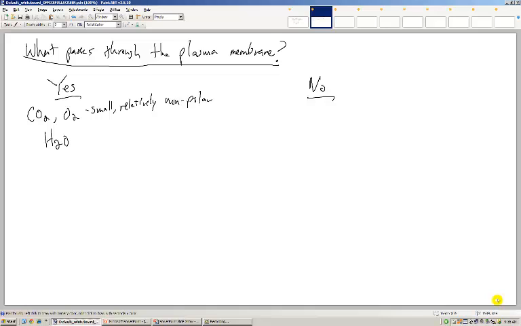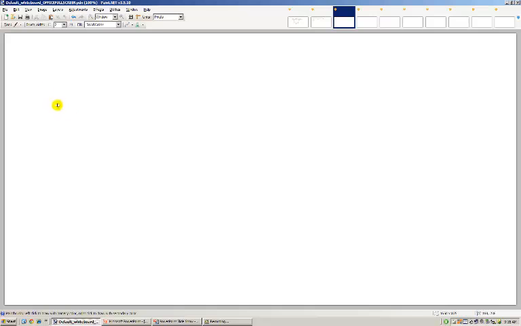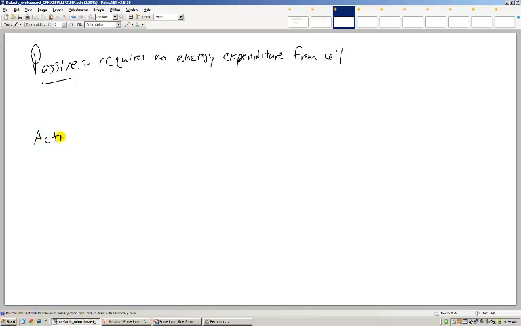The major distinction in how cells transport things is that transport can either be passive, requiring no energy expenditure from the cell, or it can be active, which just means that it requires energy expenditure from the cell.